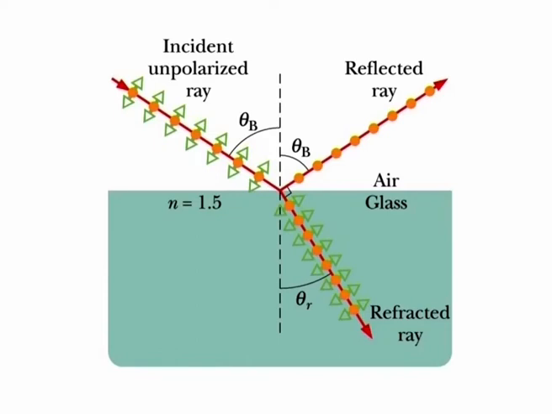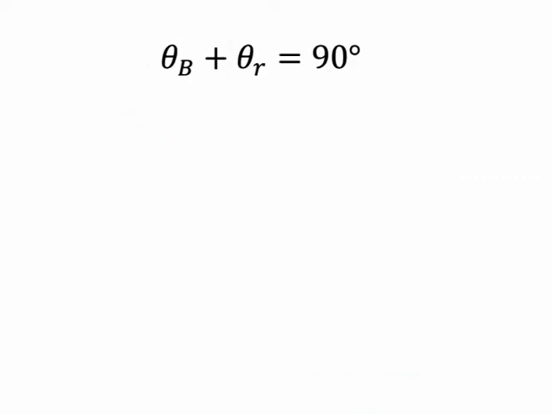Brewster's law. For light incident at Brewster angle, we find experimentally that the reflected and refracted rays are perpendicular to each other. Because the reflected ray is reflected at the angle theta b and the refracted ray is at an angle theta r, we have theta b plus theta r is equal to 90 degrees.